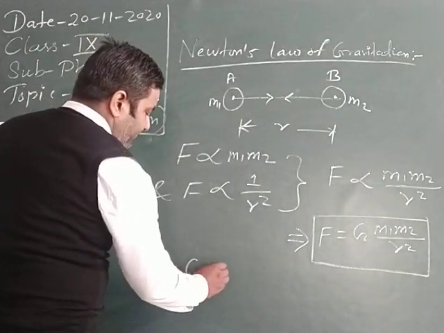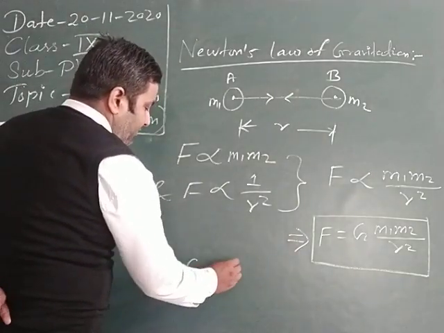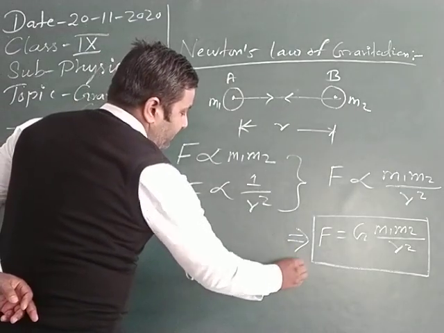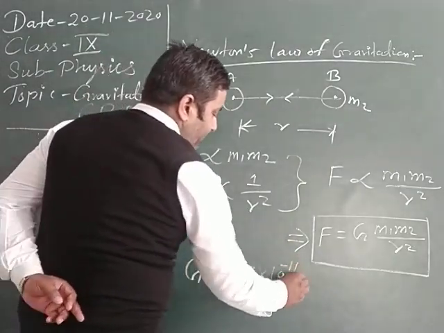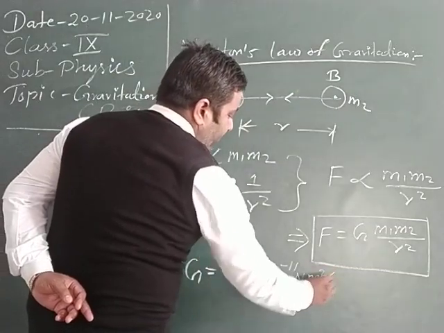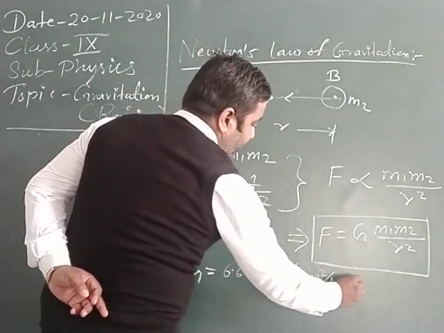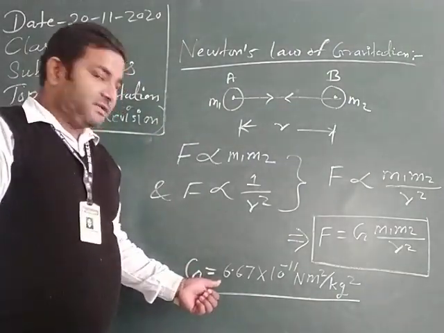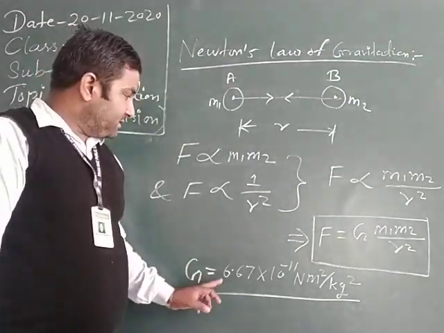The value of capital G is 6.67 times 10 power minus 11 Newton meter square per kg square. This is the value of the gravitational constant, that is the capital G value.